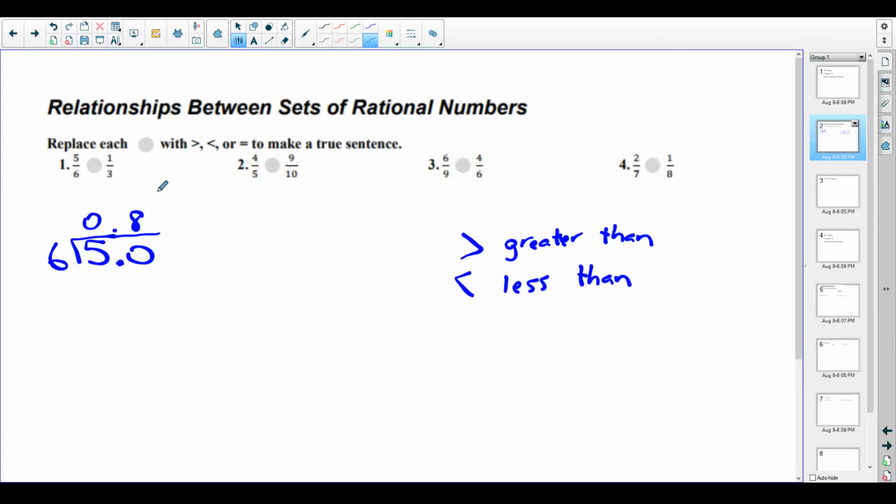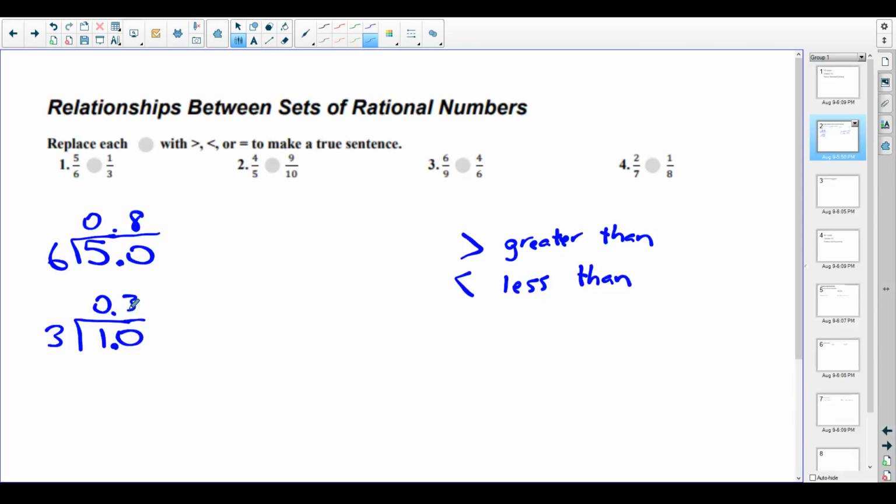And now the difference here, since we just want to know which one's bigger, it's not so much the exact value that matters. So I'm just going to stop at this point. I'm going to say 0.8 something, but maybe that doesn't matter. And then I'm going to go to the second number. So we have 1/3. So 1 on the inside, 3 on the outside. So 3 can't go into 1, but it can go into 10 3 times.